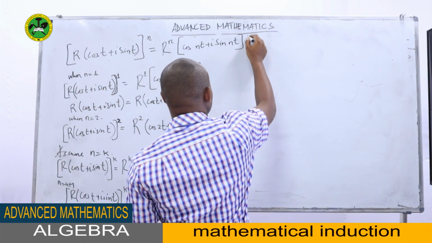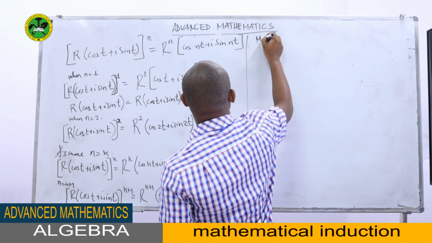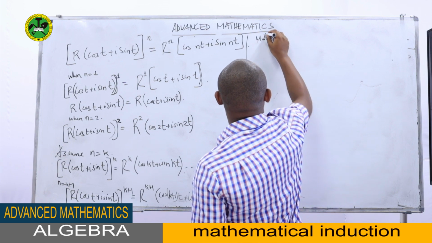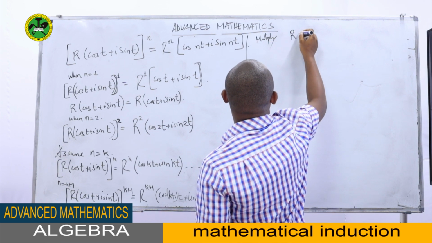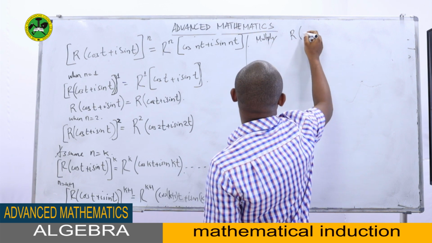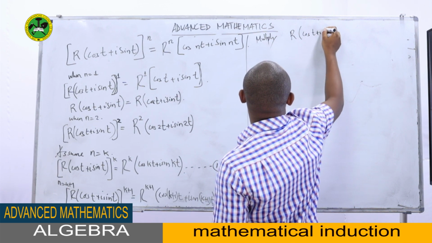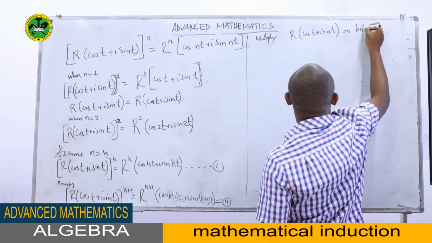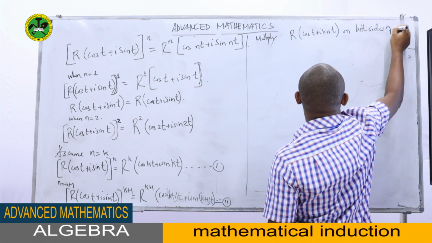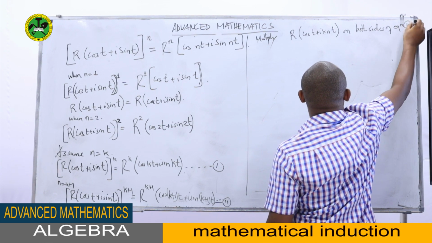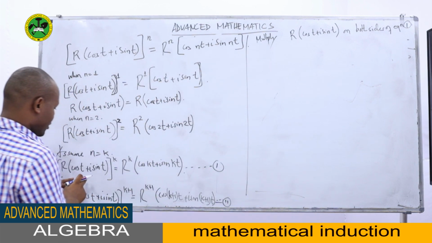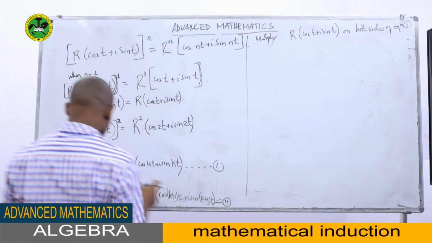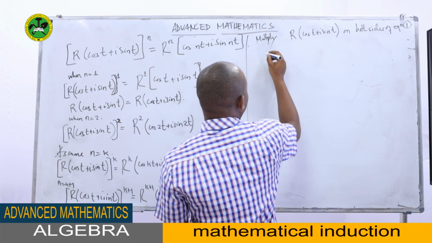Let's multiply r (cos t + i sin t) on both sides of equation number 1. That means we go back to equation number 1 and we multiply by this factor on both sides. Let's be careful there.